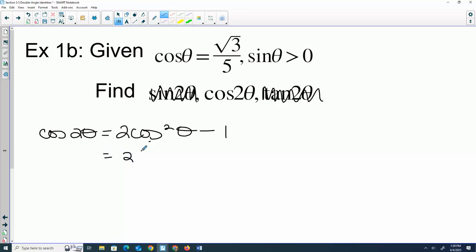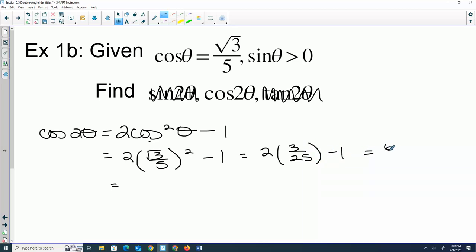So we know cosine is radical 3/5, squared, times 2, minus 1. Radical 3 squared is 3, 5 squared is 25, minus 1. Of course, if you're getting confused on this part, you can use a calculator.